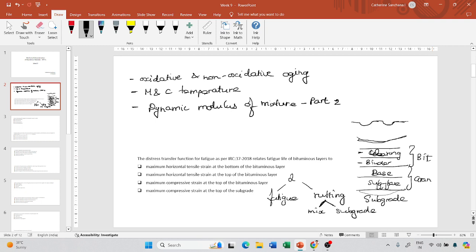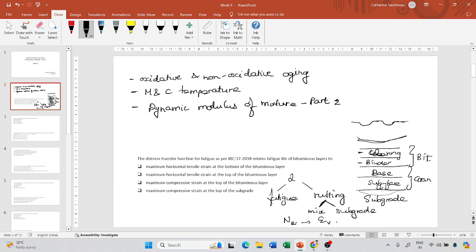It is only the subgrade that contributes to rutting as per IRC 37. Then you have to limit the vertical compressive strain on the top of the subgrade. Okay, only then you will be able to limit the rutting. And you also have a distress equation which relates the rutting life of the pavement with the vertical compressive strain on the top of the subgrade.